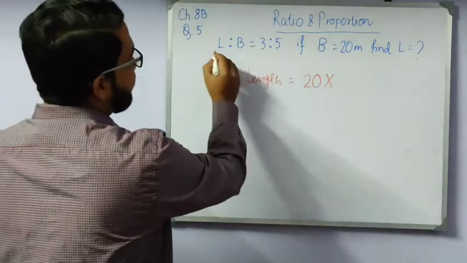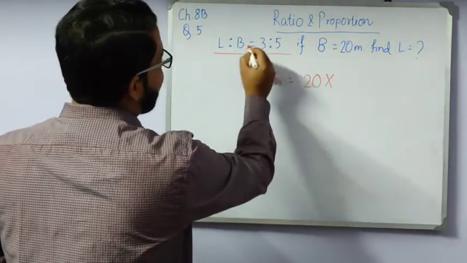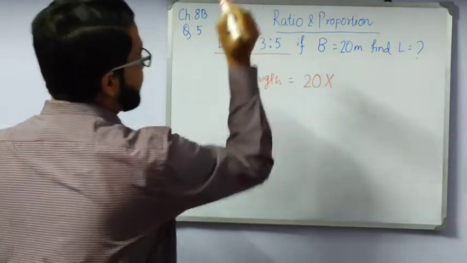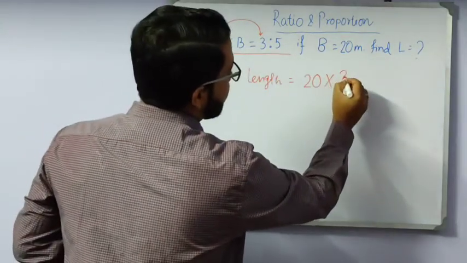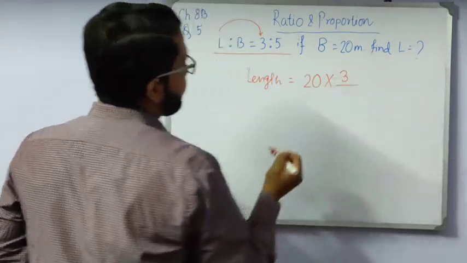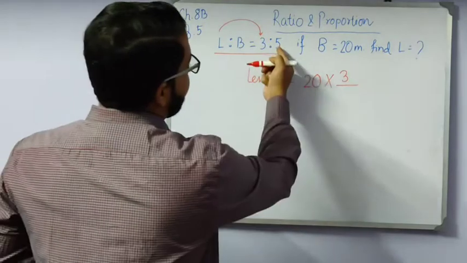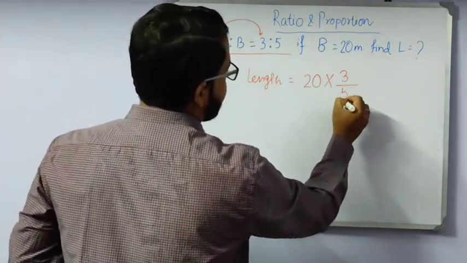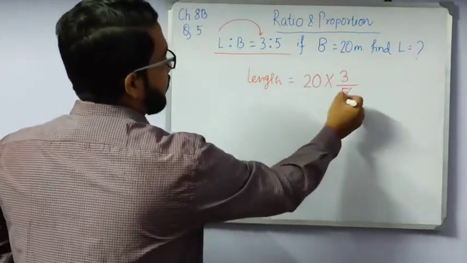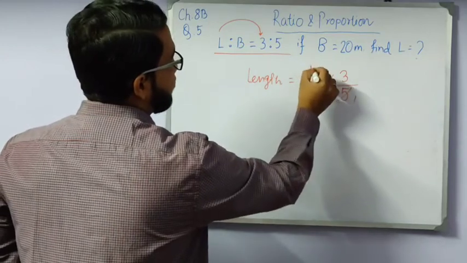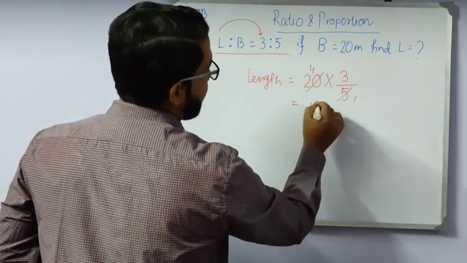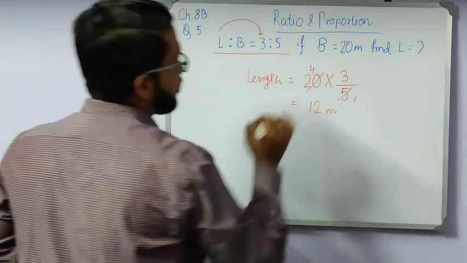What is the length? From here we find length is 3, so 3 by 5. By cancelling we find length is equal to 12 meter.